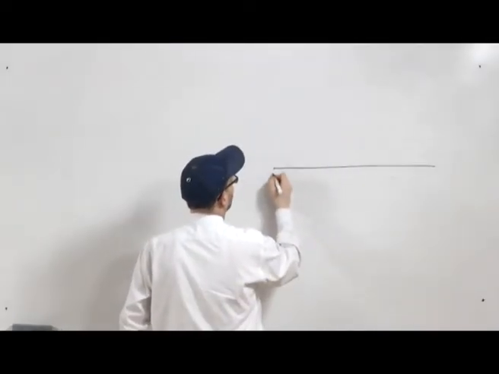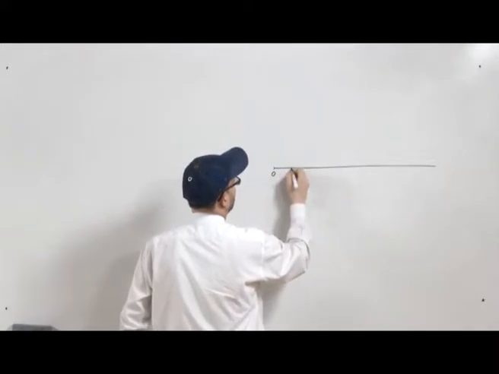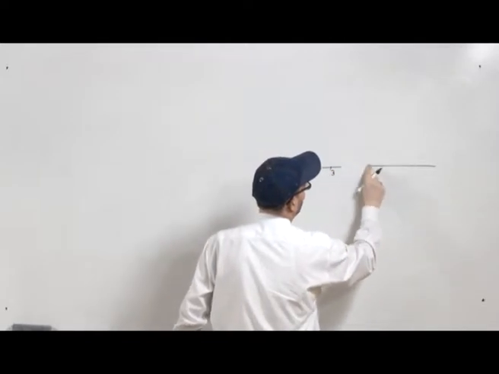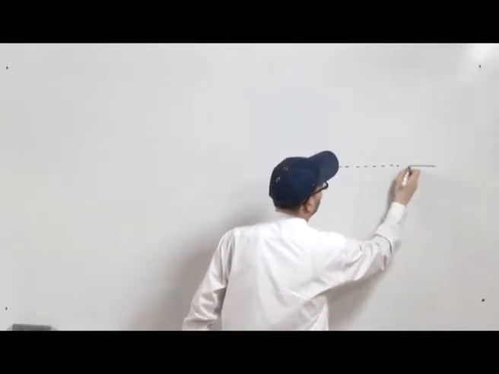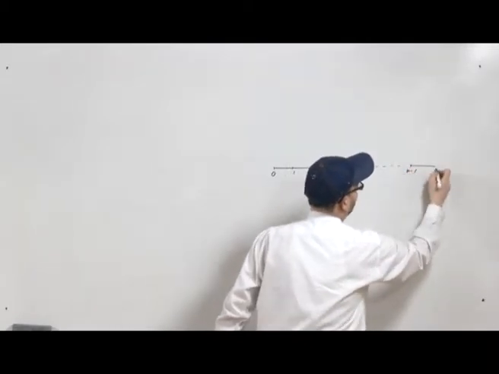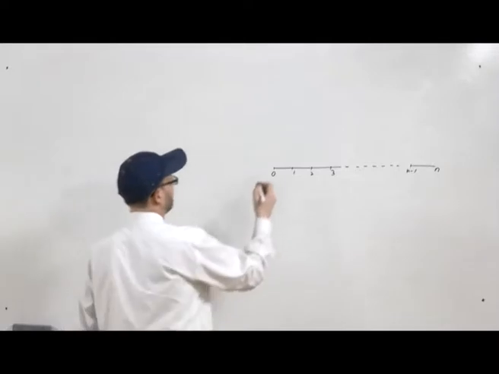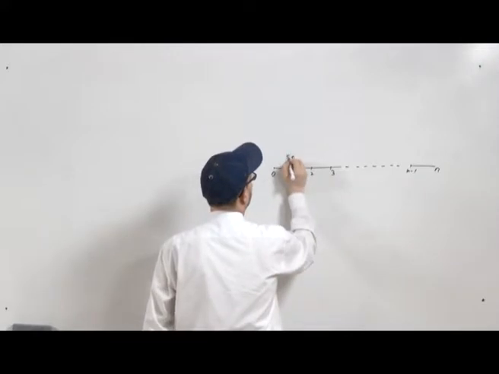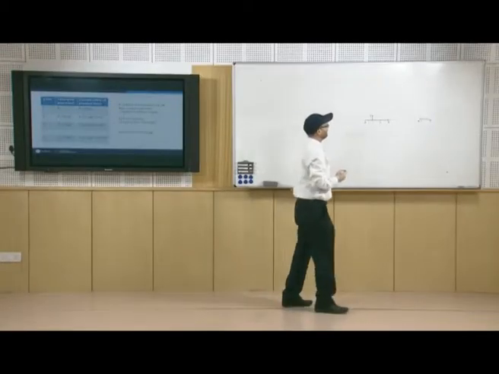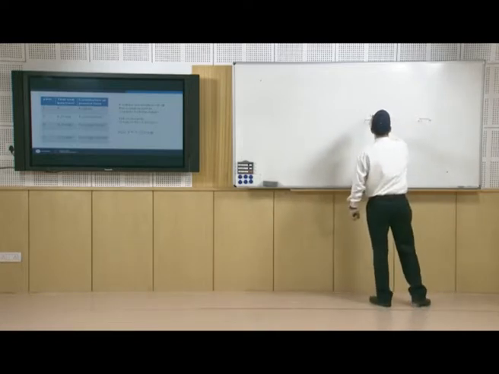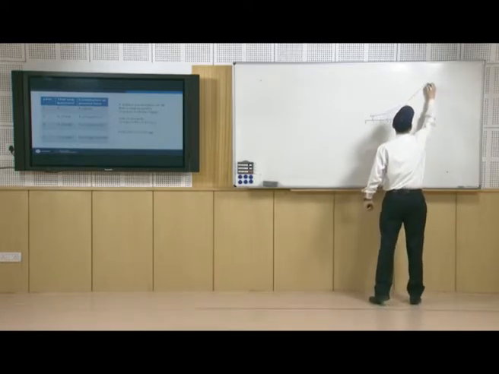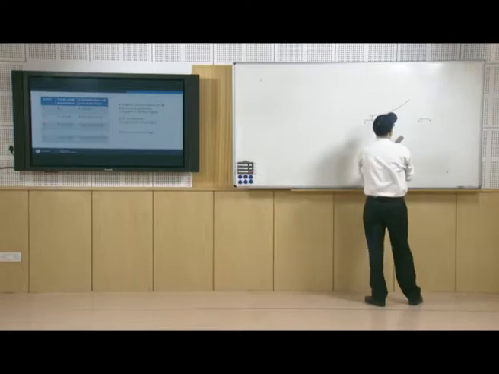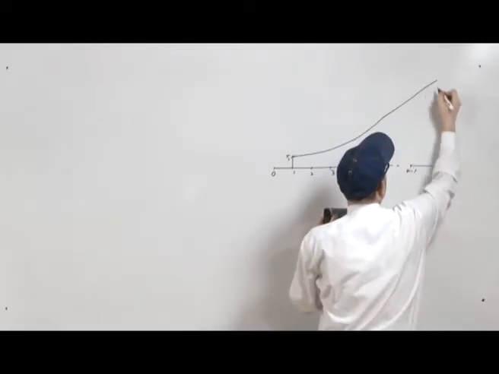In the 0th year, 0, 1, 2, 3, n minus 1 and n. As we have discussed, in the first year you pay F1, and then there is an increase not in a linear form.